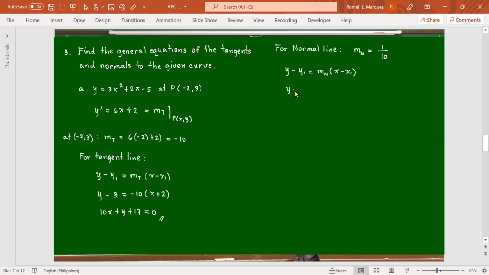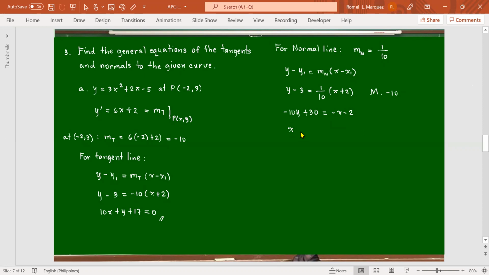Okay, y minus 3 equals 1 over 10 times x minus negative 2. So let's multiply each side by negative 10 to get negative 10y plus 30 equals negative x minus 2. Am I correct, guys?